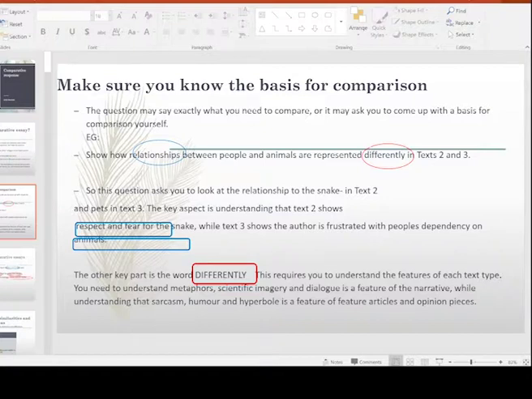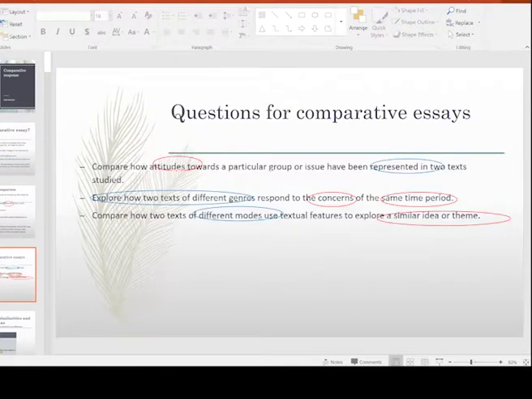She showed that through sarcasm and her annoyance. The key part of the question was saying differently, so you have to understand the features of the text type. You need to understand that metaphors, scientific imagery, and dialogue were the features of the narrative, while sarcasm, humour, and hyperbole were features of the opinion piece.